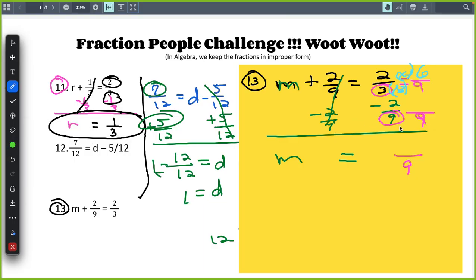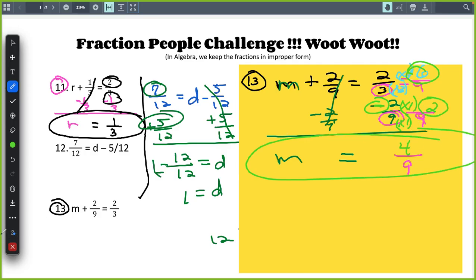Now here, you'll notice that 9 times 1 is 9. So whatever I do to the bottom, I got to do to the numerator here. 2 times 1 is 2. Now remember, I'm subtracting, right? 6 minus 2, well, that's 4. And so that's my answer here. M equals 4. Nice.